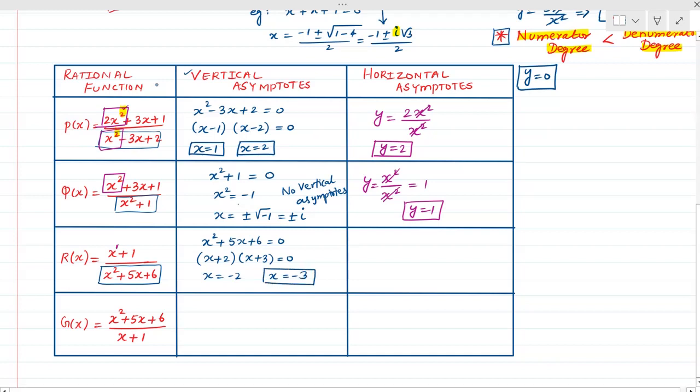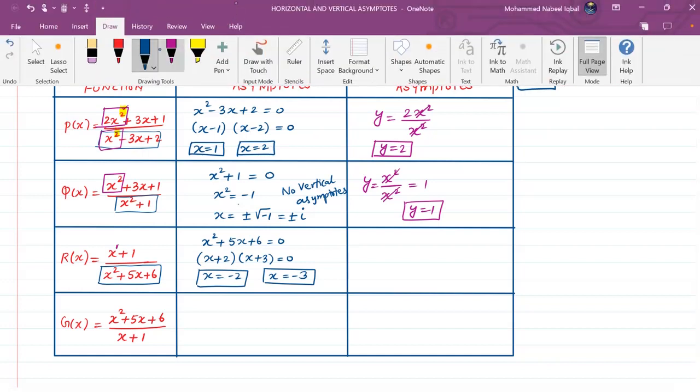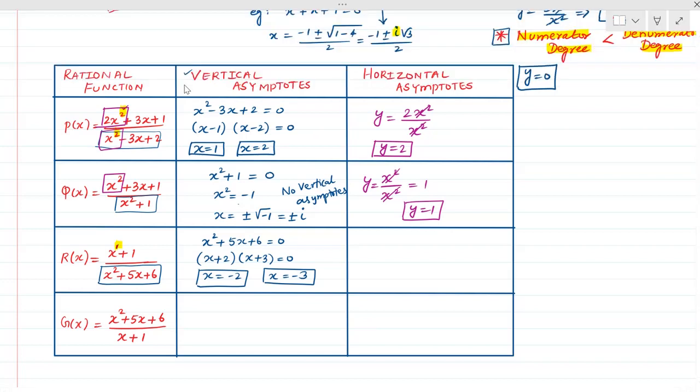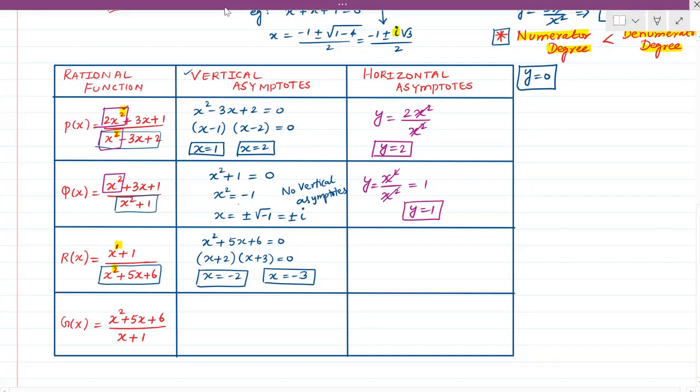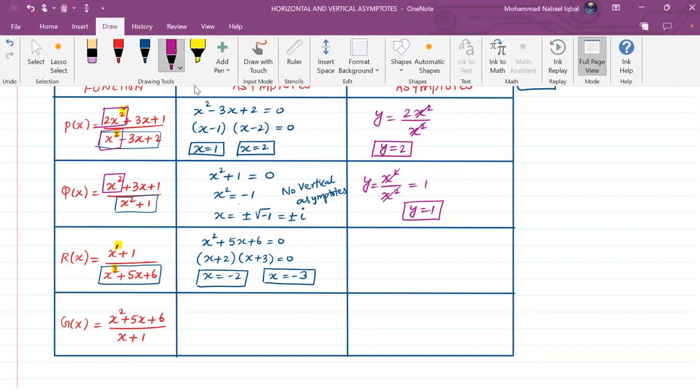Therefore these are the vertical asymptotes. Now let us go with the horizontal asymptote. The degree of the numerator is 1 and the degree of the denominator is 2, which is more.